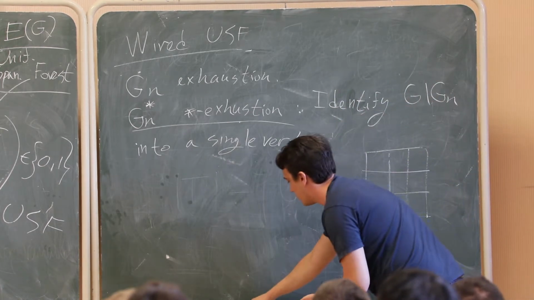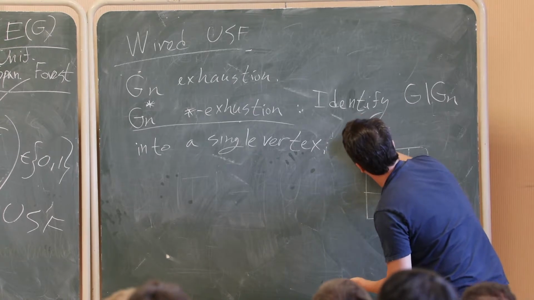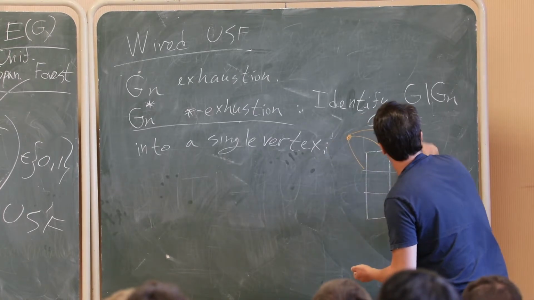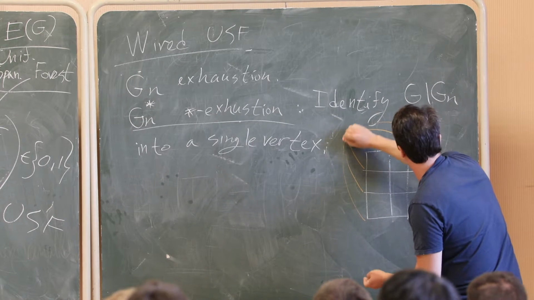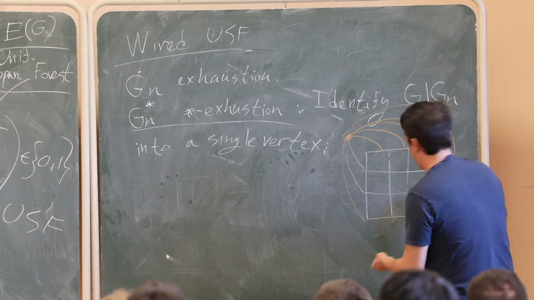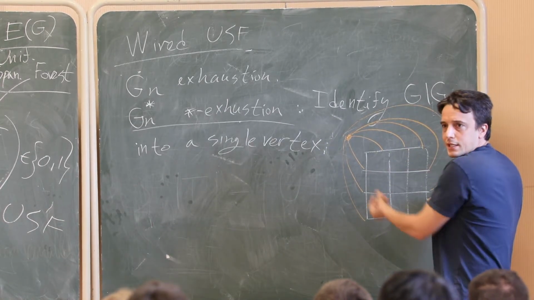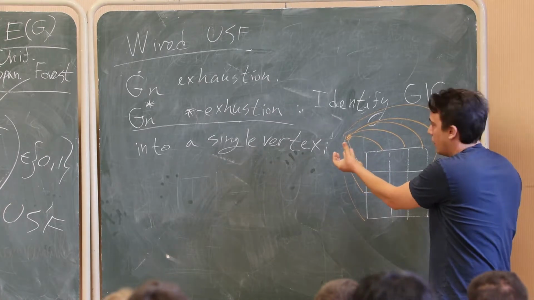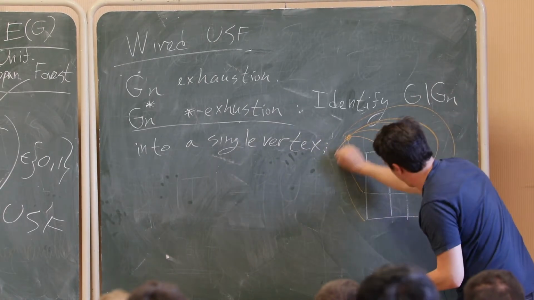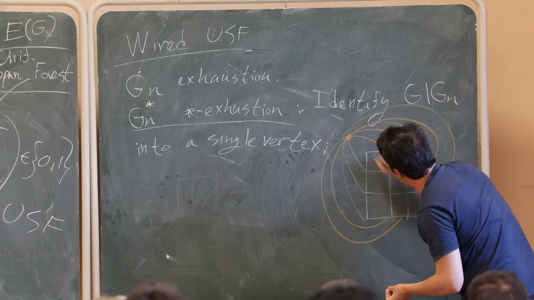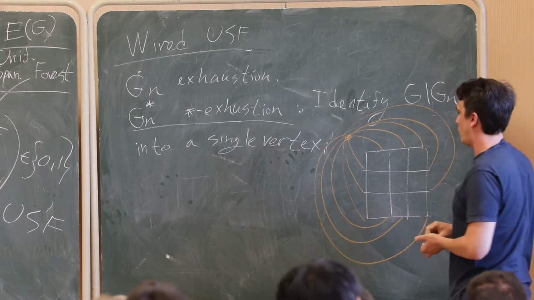Let's add it in orange, connecting it to all of the edges that used to be there. Because I identified, I'm never erasing an edge. So all of these edges now go to the one vertex.